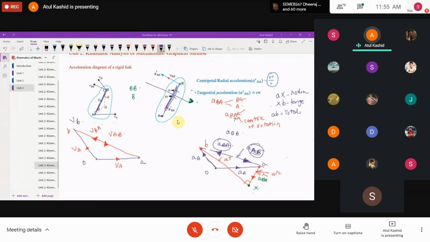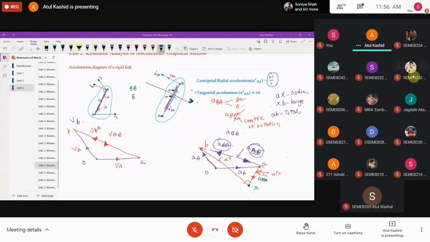Whatever you have understood, keep with you, and whatever you haven't understood, we will try to cover during the numericals. Please reply in the chat box, at least those who have understood 60 or 70%.